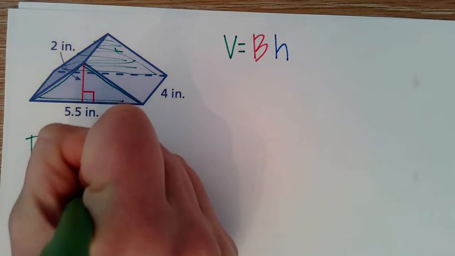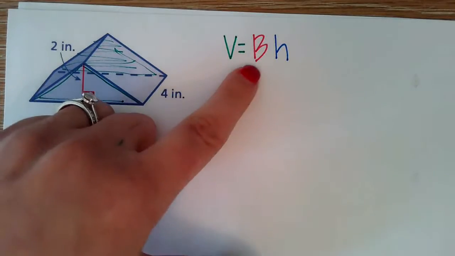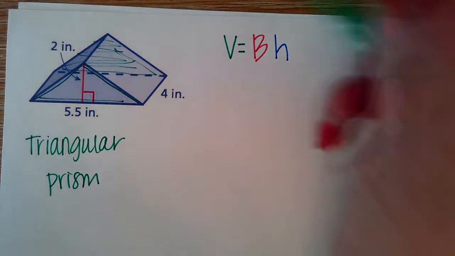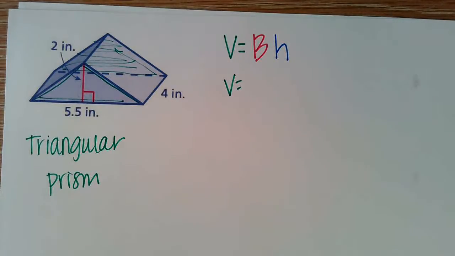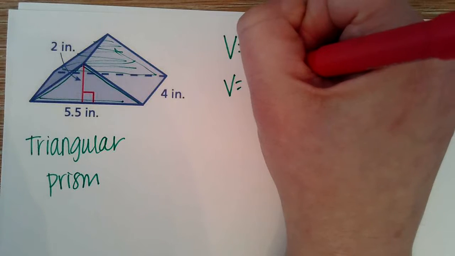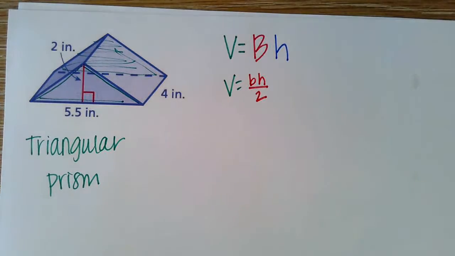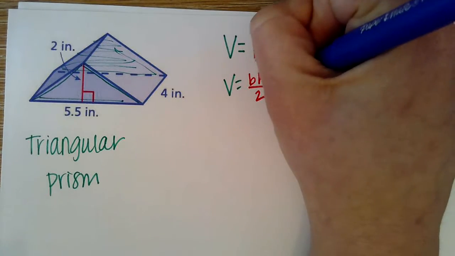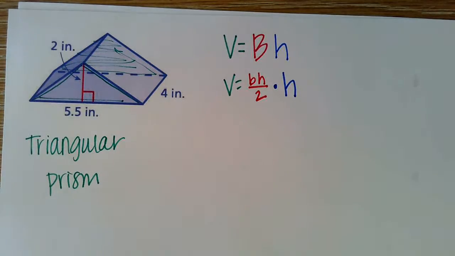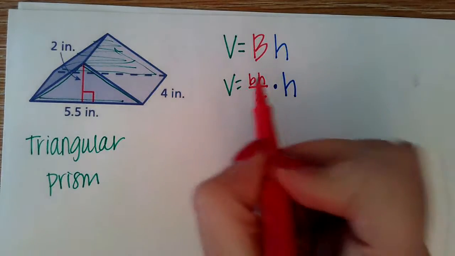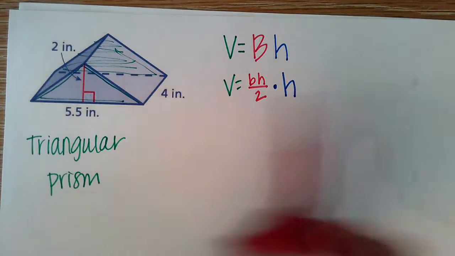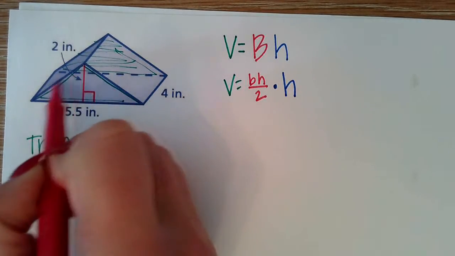Again, this is important because when I go ahead and plug in here for my base, I need to use the area formula of a triangle. To recall that, we've got base times height divided by 2. So we've got to remember that that base times height is that of the triangle specifically.